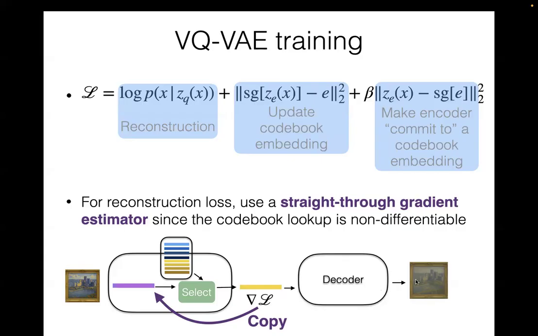You're doing backpropagation, and we're going to skip this operation in the sense that you just copy the gradient and use it as the gradient for backpropagating through your encoder. I'm not going to go into too much detail on this straight-through gradient estimator, but this is the trick they have to do.